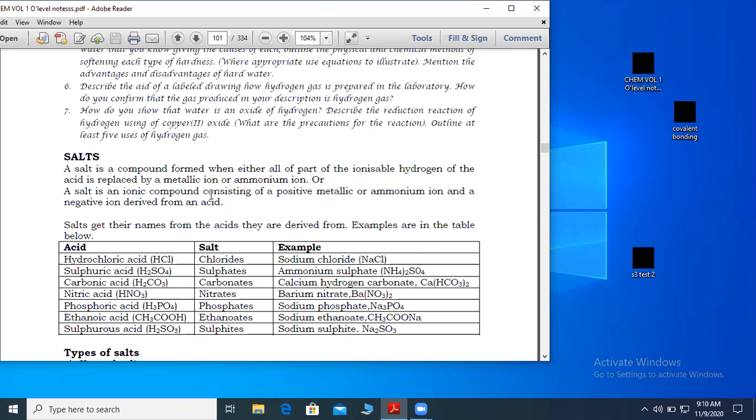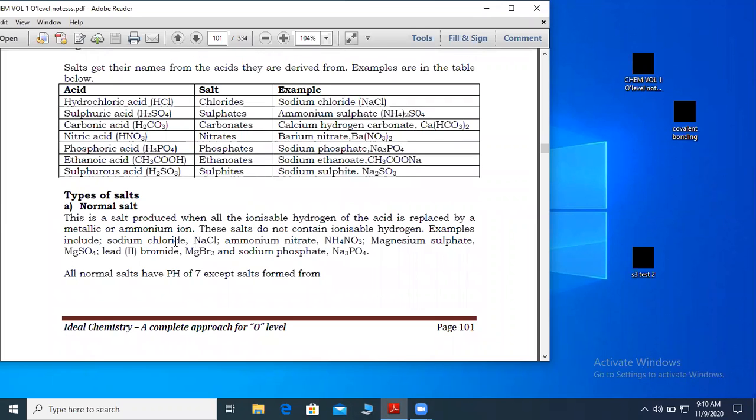We said we have two types of salts. You will not be going through everything, but the most important part of the work. We have a normal salt and an acid salt.